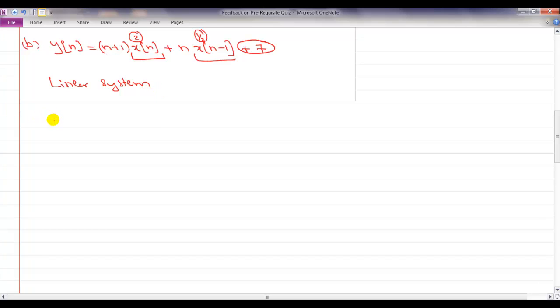You can also check the answer to this question more formally. Remember, the definition of linearity is that if I have input x1[n] and it produces output y1[n], which in this case will produce (n+1) x1[n] + n x1[n-1], I'm simply replacing x by x1.